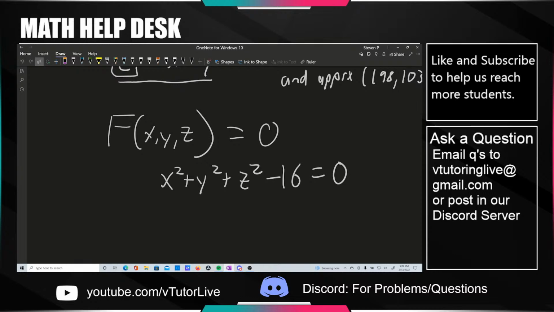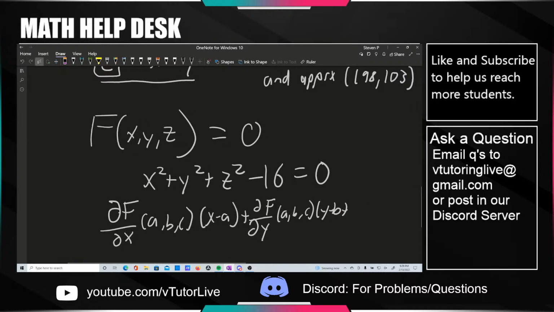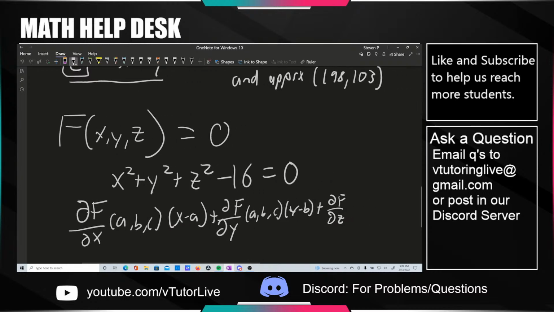And that equation, if I remember correctly, is not all that crazy, right? I'm just writing it out as a reminder, but it's df/dx at (a, b, c) times (x minus a), plus df/dy at (a, b, c) times (y minus b), plus df/dz at (a, b, c) times (z minus c), equals 0.